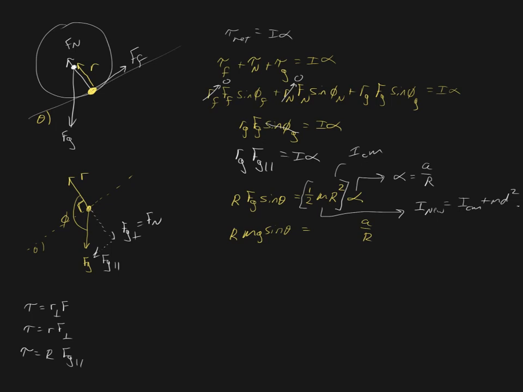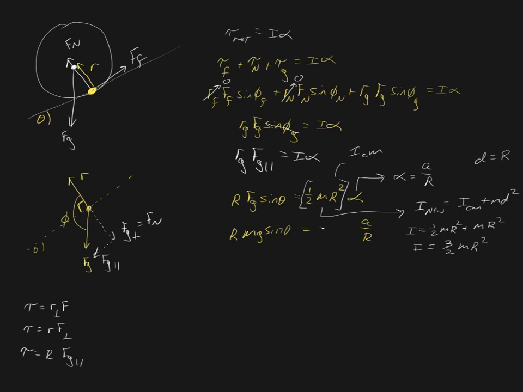So D becomes an R. D is equal to R. So we have I is equal to 1/2 mr squared plus mr squared. And so I is equal to 3/2 mr squared. And that's what we're going to put into our equation.